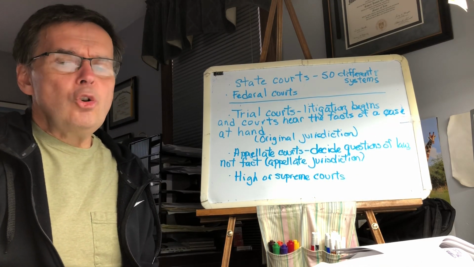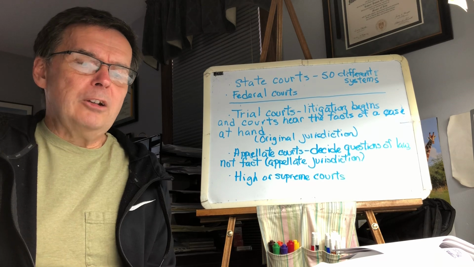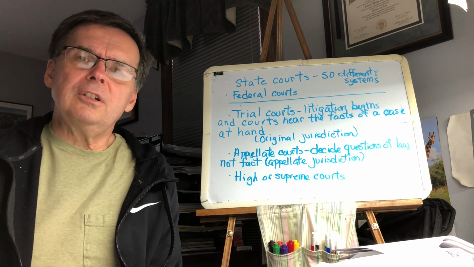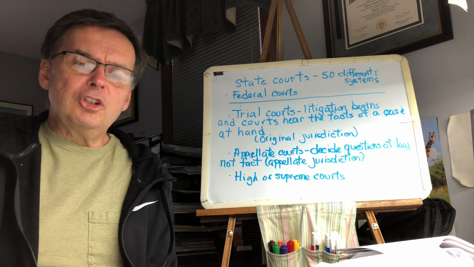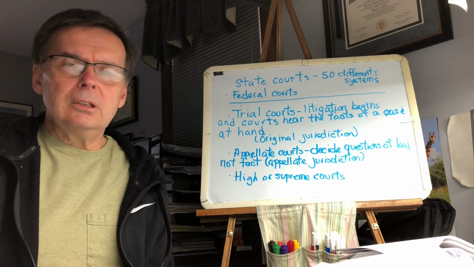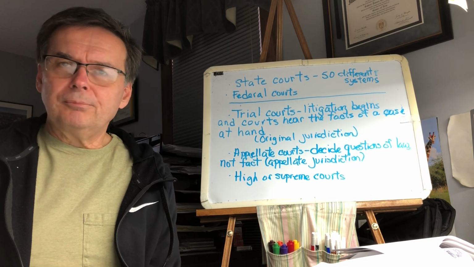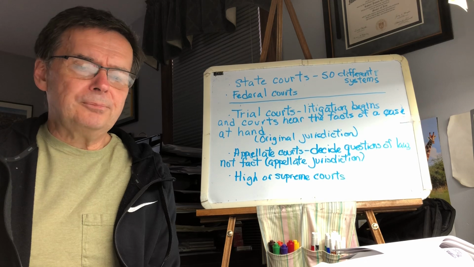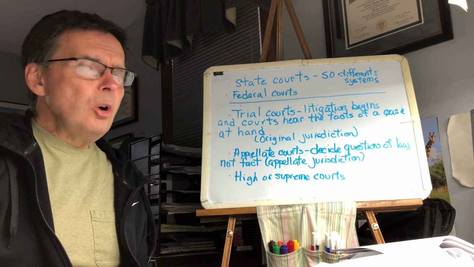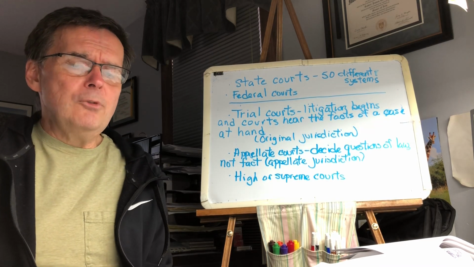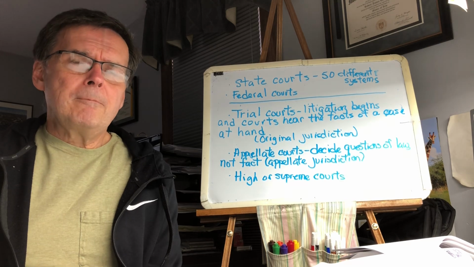The D.C. Court of Appeals deals with federal regulatory commissions and agencies, and the Federal Circuit Court deals with patents, contracts, financial claims against the federal government. Now, the courts of appeals have no original jurisdiction.